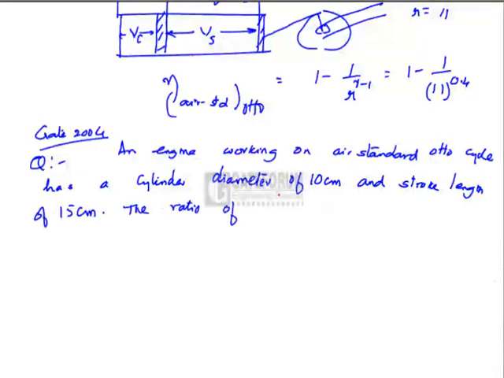The ratio of specific heats for air is 1.4.